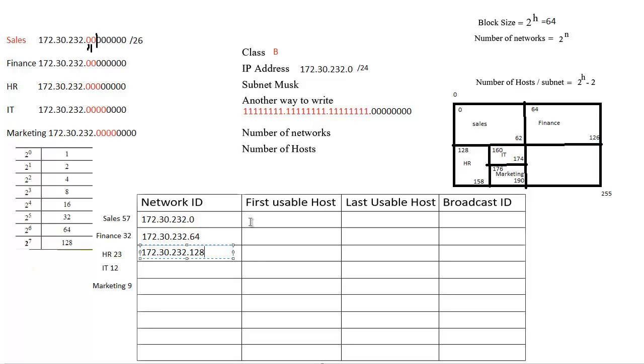Now, what is the broadcast ID for this network? The broadcast ID for this network is just before the next network ID, so the broadcast for this network will be 127.